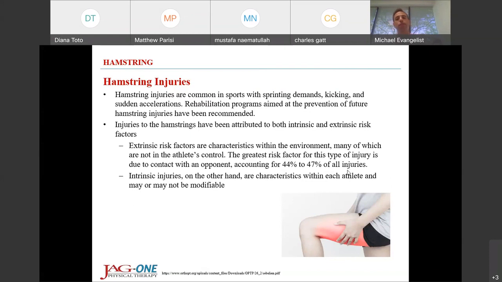The greatest risk factor for this type of injury is contact with another opponent, which accounts for 44 to 47% of all injuries. Intrinsic risk factors, on the other hand, are characteristics within each athlete, which may or may not be modifiable, right? So intrinsic factors are that eccentric strength, that neuromuscular control, that hamstring pliability or flexibility that they have.